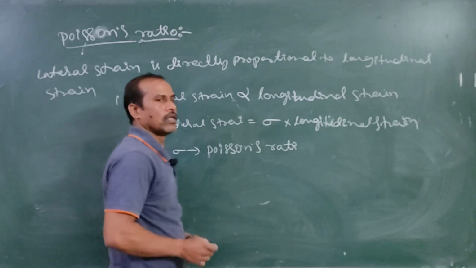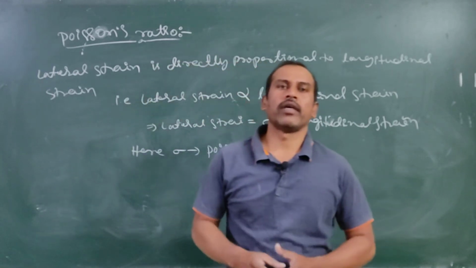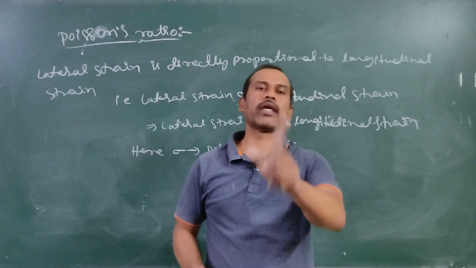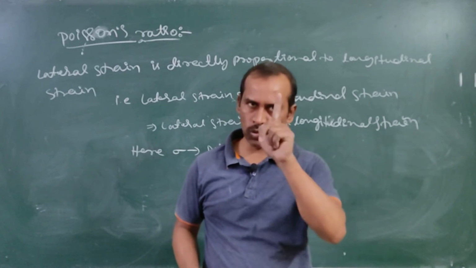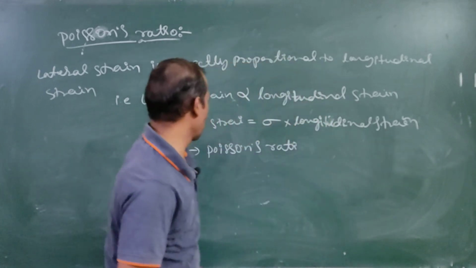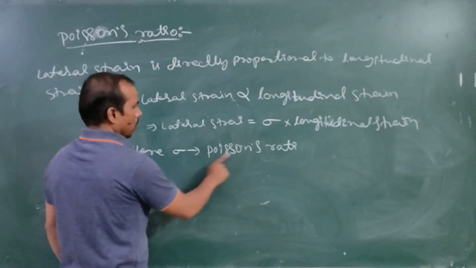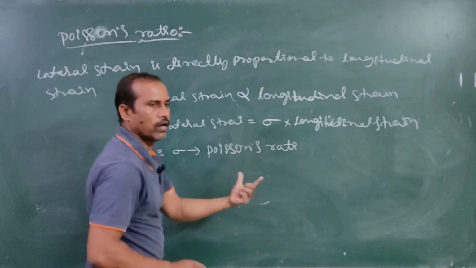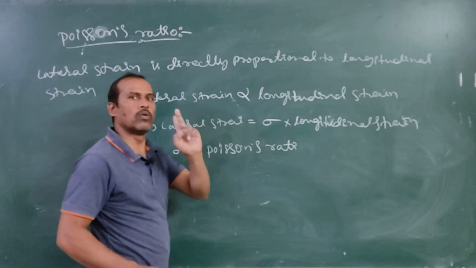The Poisson ratio is a ratio of two strains: lateral strain and longitudinal strain. So the Poisson ratio, sigma, is a ratio of two strains.